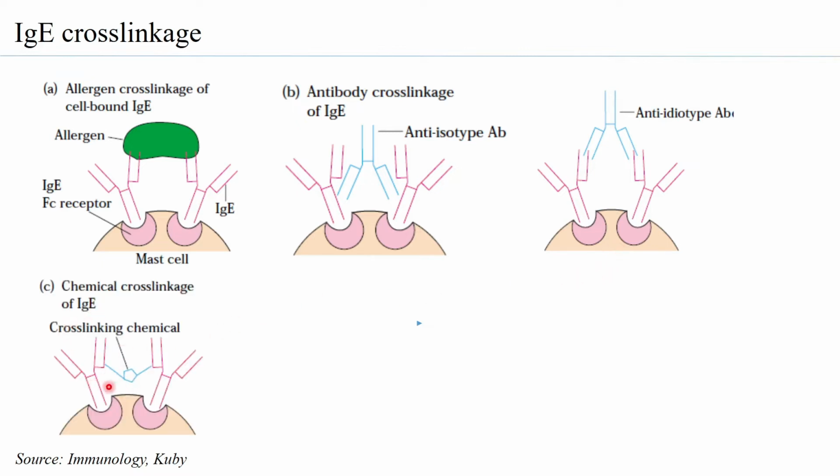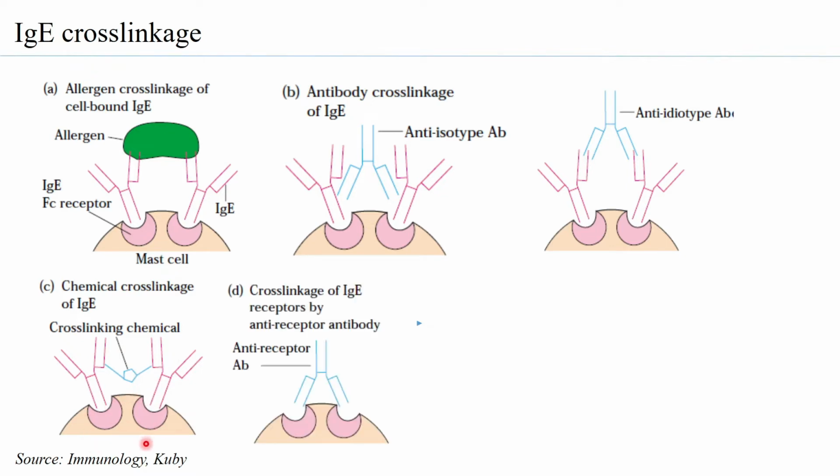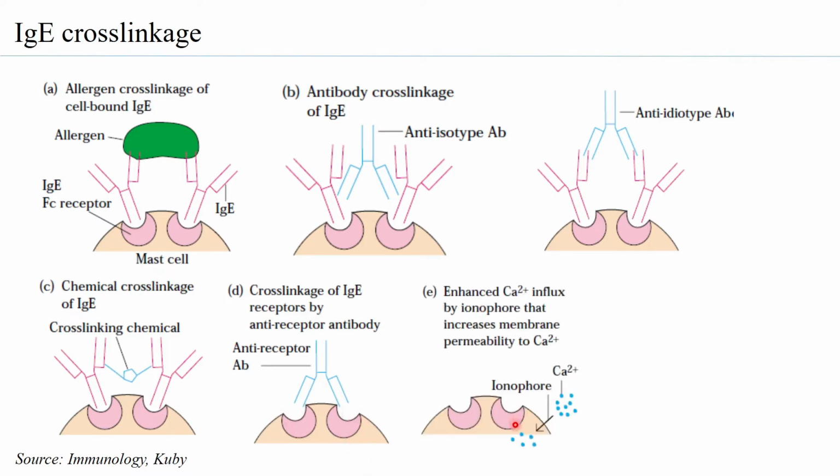So that was confirmed also by using a cross-linking chemical. So again, when the two IgEs are cross-linked with a chemical, you still have the receptor cross-linkage happening. If one uses an antibody directly for the Fc epsilon in such a way that the antibody binds to both the Fc epsilon receptors, again there is a cross-linkage. And what is observed is that on cross linkage, calcium is taken up by the mast cells, and then you can have the signal transduction being mediated.